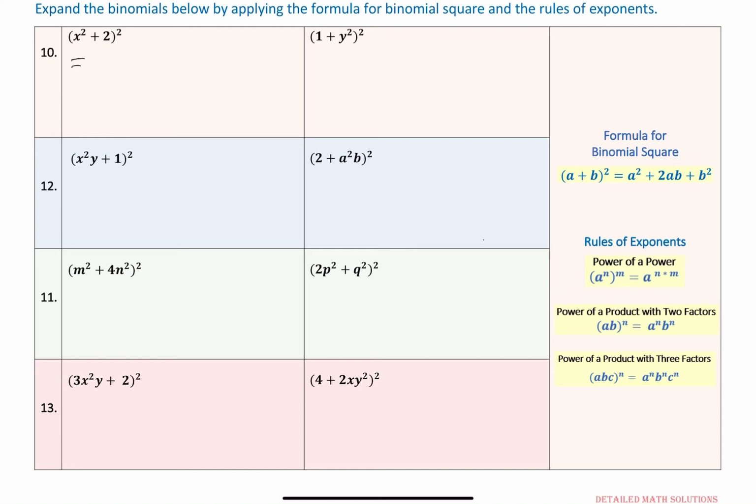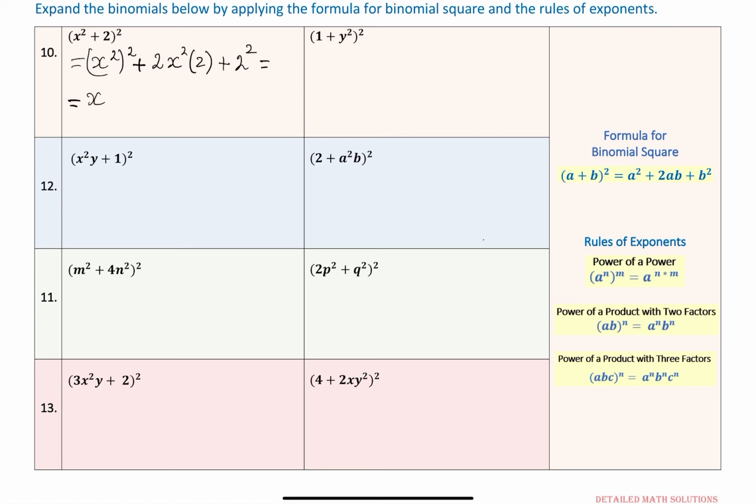if we apply the formula, this binomial equals (x²)² + 2 times first term x² multiplied by second term 2 + second term 2². (x²)²: to simplify this, we can use the rule for power of a power and multiply the exponents 2 and 2.